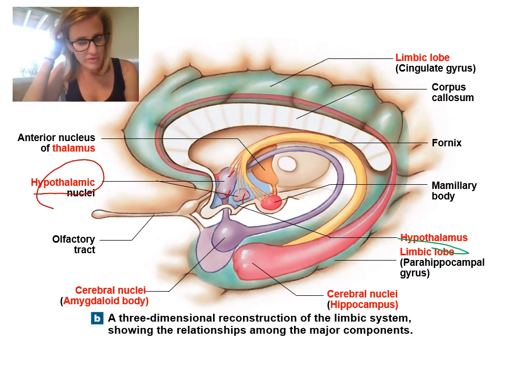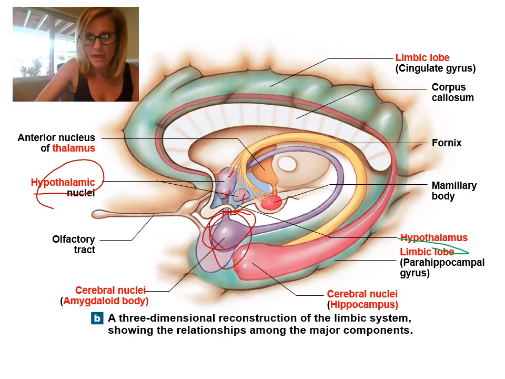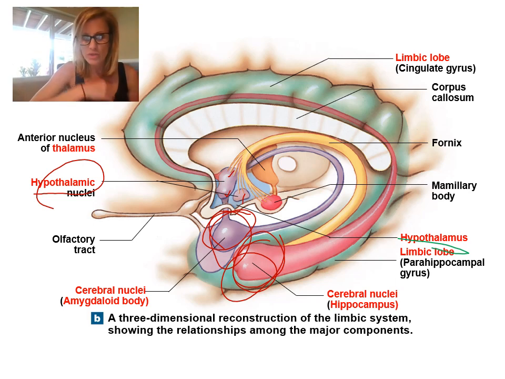We said that two of the most important nuclei were the amygdala and the hippocampus. The amygdala, or amygdaloid body, you see right here, and then the hippocampus you see right here. Okay, so these are some of the most important portions of the limbic system.